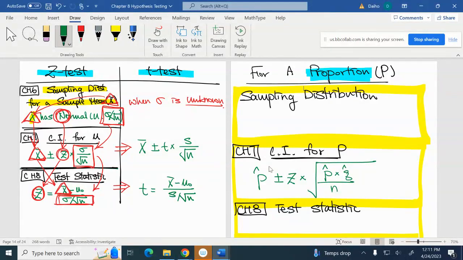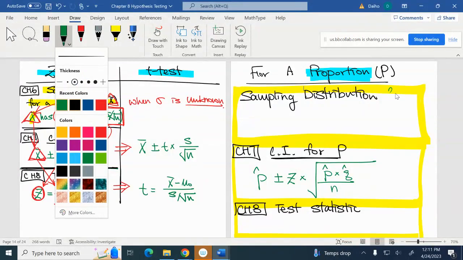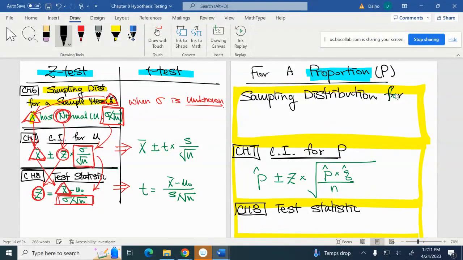Do you remember the confidence interval, chapter 7, right? Okay, then the reverse way, let me get the sampling distribution. Please look at this.